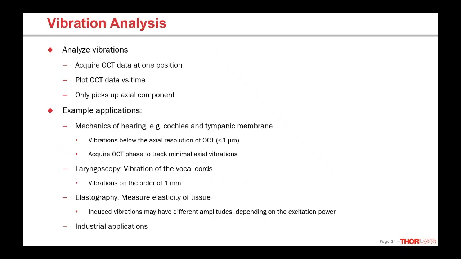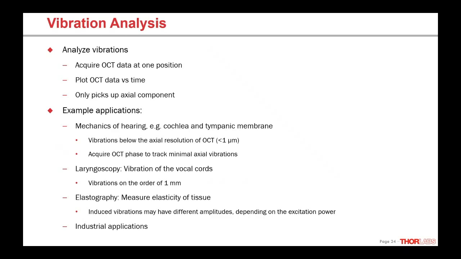Then there's elastography, where you want to measure the elasticity of tissue or any other sample. And this is often done by exciting the tissue and then looking at how the wave propagates across the tissue. And this can tell you something about the elasticity of the tissue or your sample.